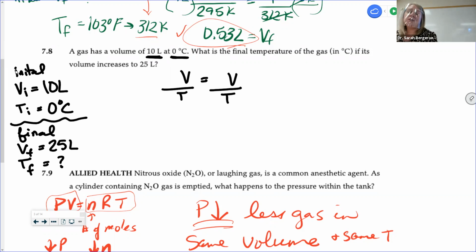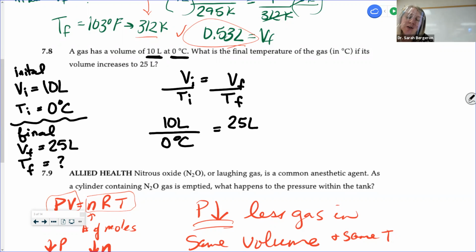Okay, all right, so now I go in and put my I's and F's. Volume initial was 10 liters. Temperature initial was 0 degrees Celsius. Volume final, we said 25 liters. Temperature final is our unknown. What do you do to solve for your unknown?